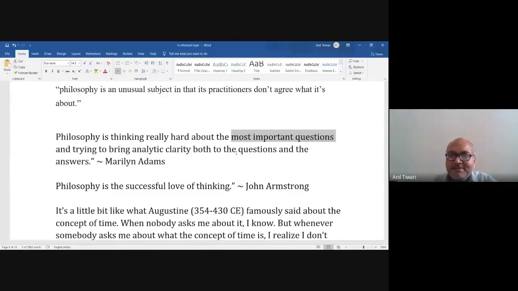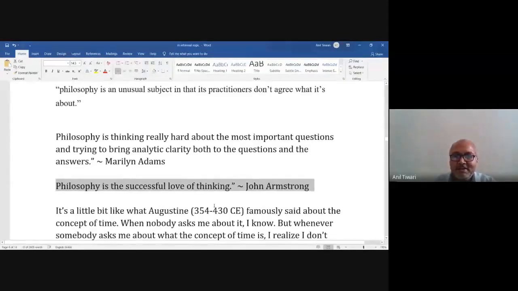So this is a kind of philosophical requirement to be precise, concise, and unambiguous in our questions, as well as the answers which we offer in response to those questions. So clarity of thought related to the most important question, and clarity of our expression when we verbalize our exploration, our understanding. That is the point Marilyn Adams is highlighting.